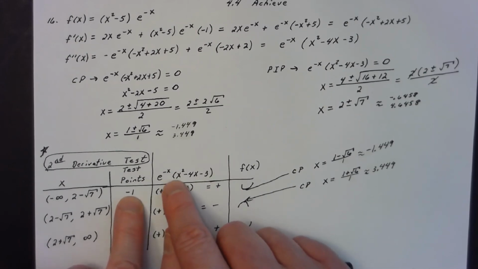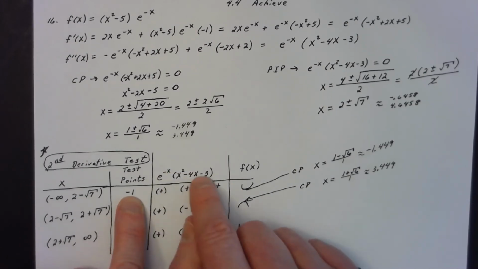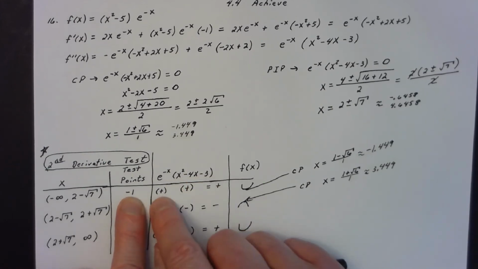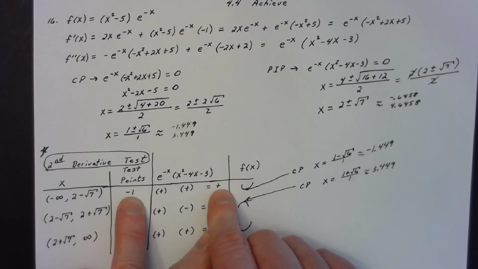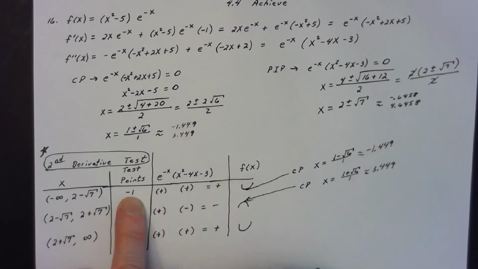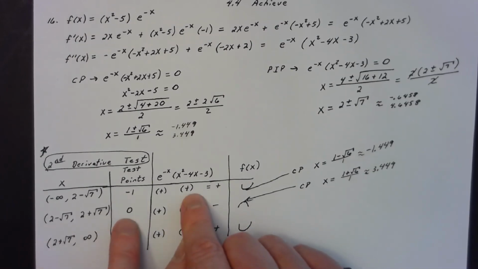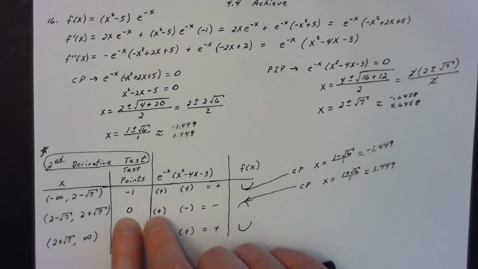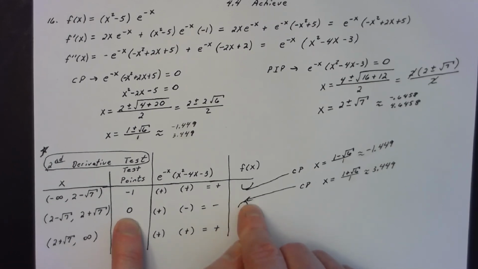When you plug a -1 into it, it would be +1 plus 4, so that's going to be 5. 5 minus 3 is a +2. Product of two positives, my second derivative is positive here, which means the original function is concave up in that region. And when I plug in the 0, clearly that second factor is a -3, which means your second derivative is going to have a negative sign in that region, which means your original function is concave down in that region.